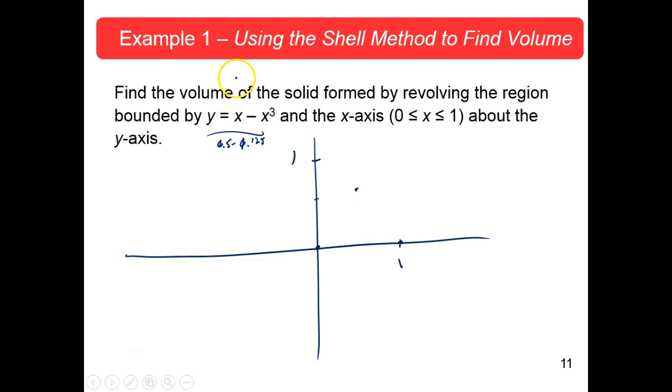Let's do 0.1, that's going to be easier. 0.1 minus 0.001, that would be 0.099.